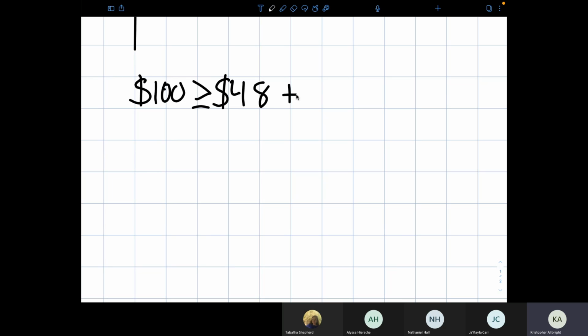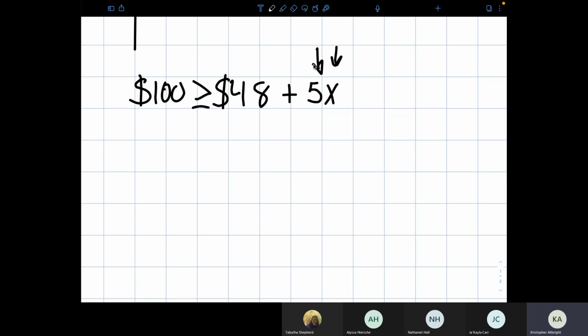So we're going to say it costs us $5 per person. So we're multiplying how many people we have by 5 to get the amount we will spend with each number of people. So at 1, we will have $5 that we spend on everyone that comes. And the 48 is just set.